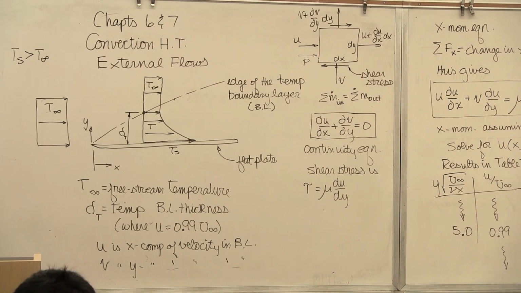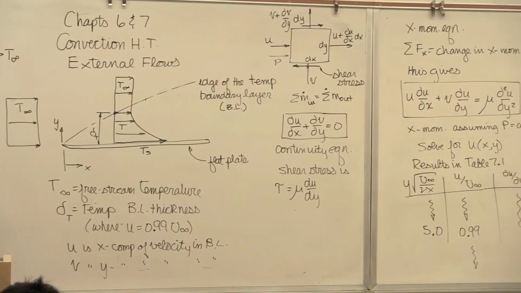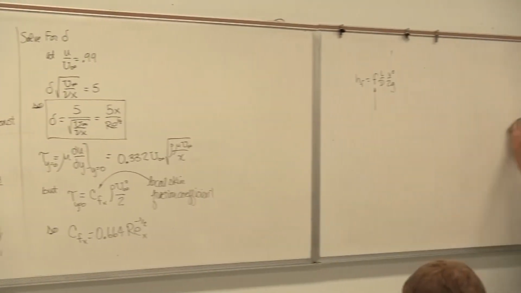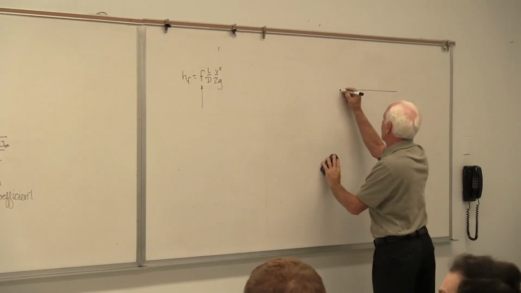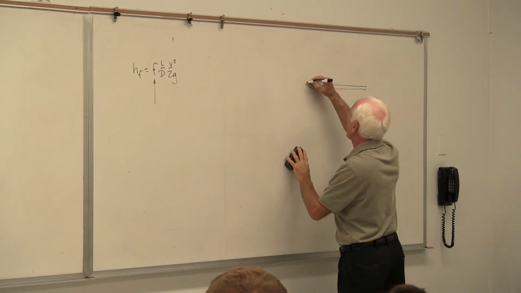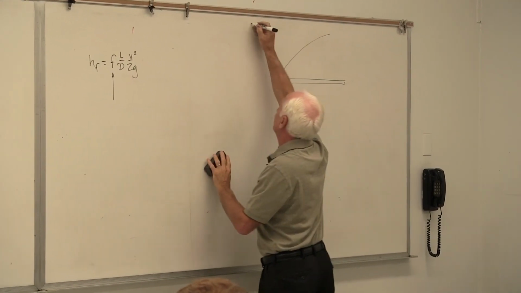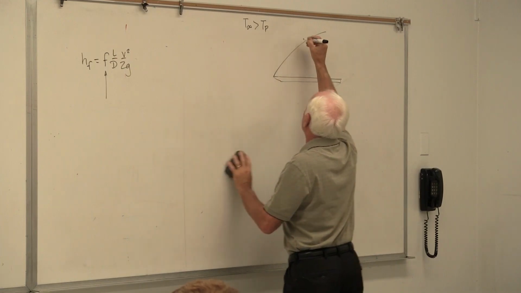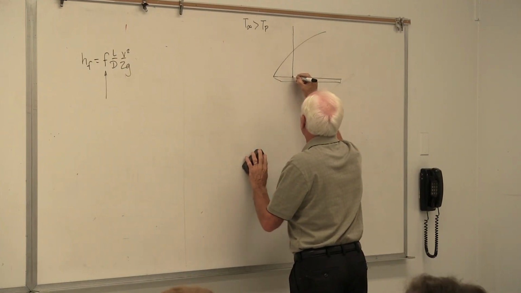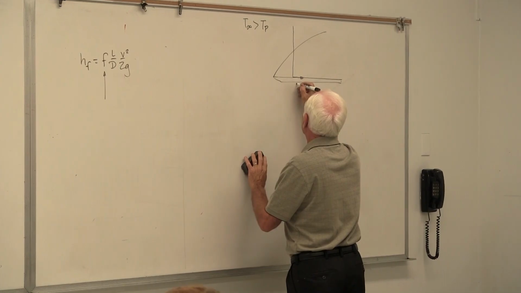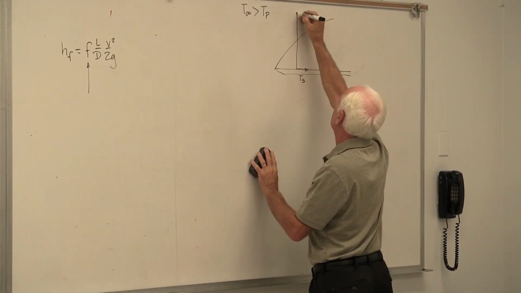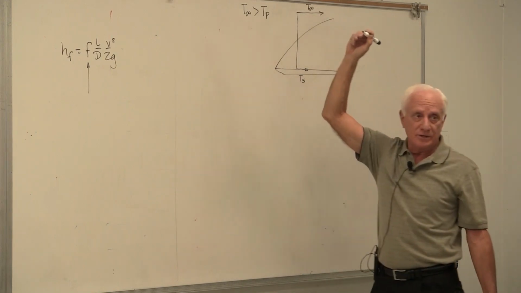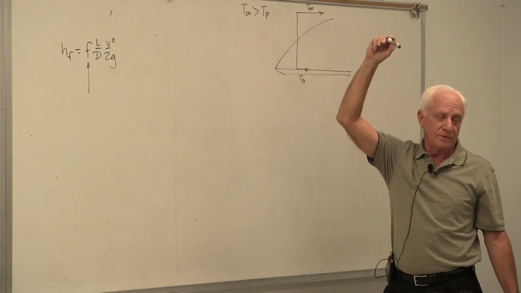So I'll just show you the other picture. If we have the opposite case occurring in the plate, where in this case T infinity is hot and the plate is cooler, then here's how it looks. Here's the plate surface temperature. Ts stands for surface temperature. Here's T infinity. This might be in a gas turbine engine, hot gases, cool surface.